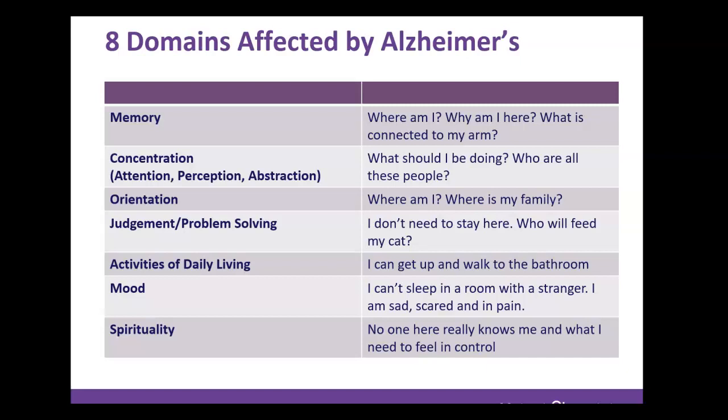Concentration, in terms of their ability to be attentive to situations, to perceive and understand situations. And so sometimes people are detected in terms of having some cognitive declines in employment situations. They may present to work and not know what it is they should be doing at work.